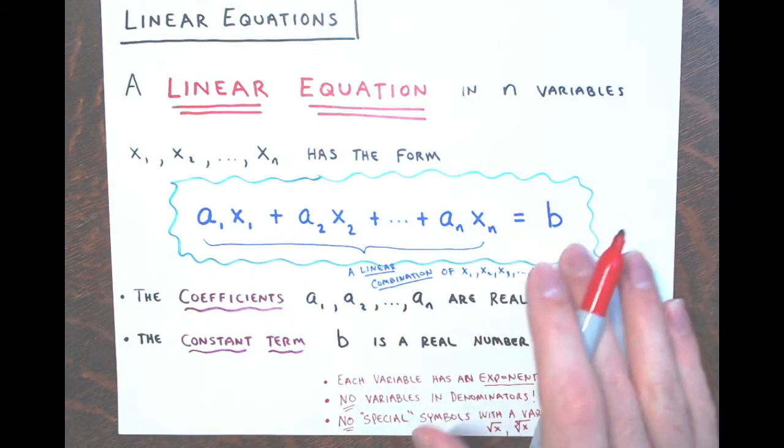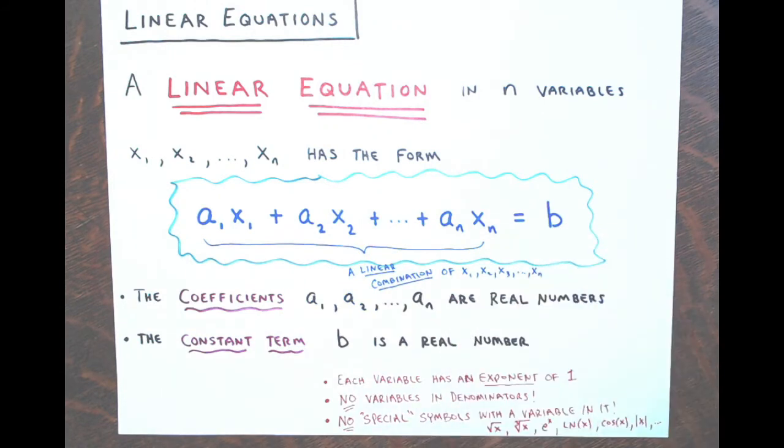If you can express it this way, and every variable's to the first power, so there's nothing squared, nothing cubed, no special symbols, no special functions with variables in them, and also no variables in denominators, which would imply again that you have powers other than one on those variables. If you're seeing all that, great, it's a linear equation. If any of these are violated, then it's not a linear equation. All right.